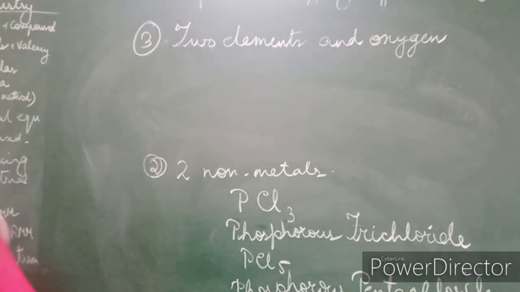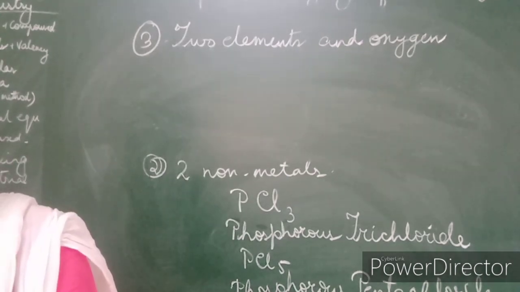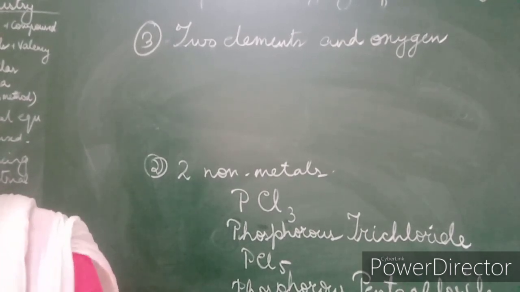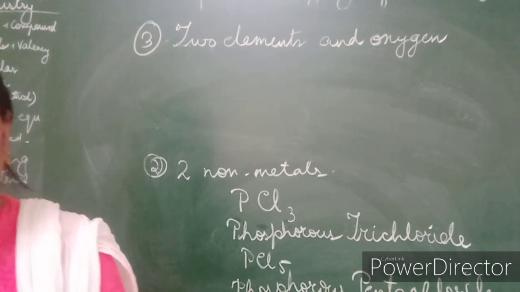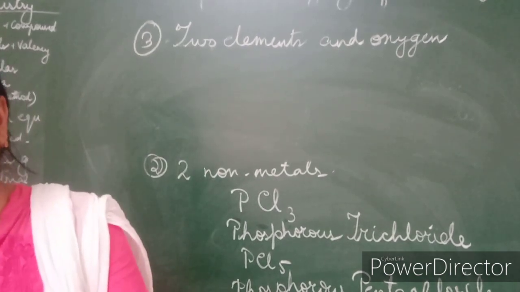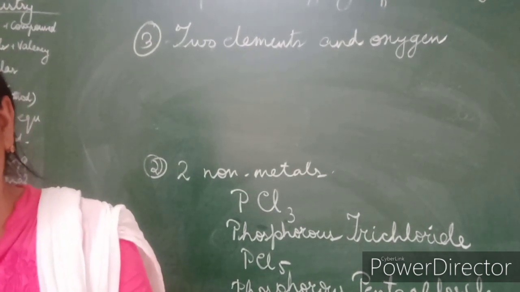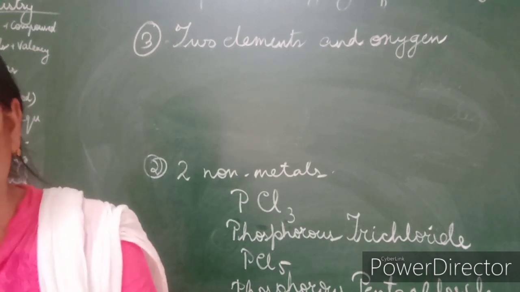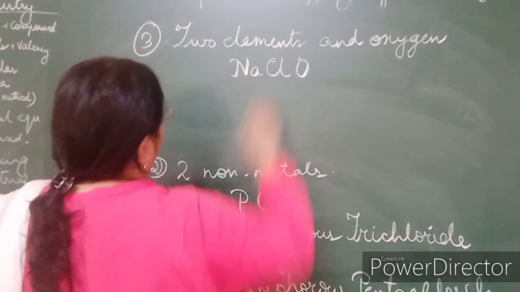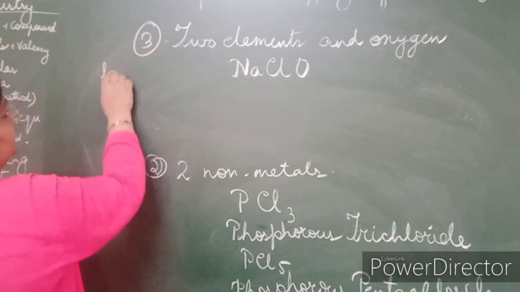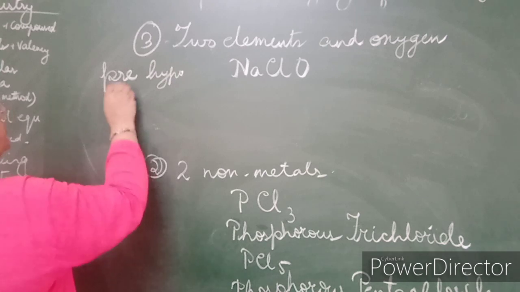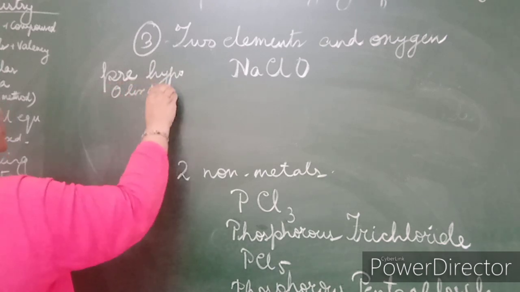When such a compound is there, the name of the compound depends on the number of oxygen atoms present in the compound. We'll have to consider the number of oxygen atoms. The prefix means before it. Hypo is used if the number of oxygen atoms is less than 2. Suppose I take NaClO as an example.